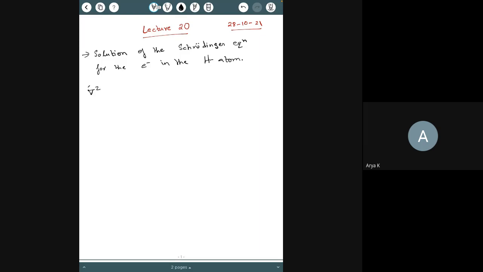the Laplacian operator in spherical coordinates. So this is the r part of the Laplacian, and then you have the angular part, which involves the two angles theta and phi.